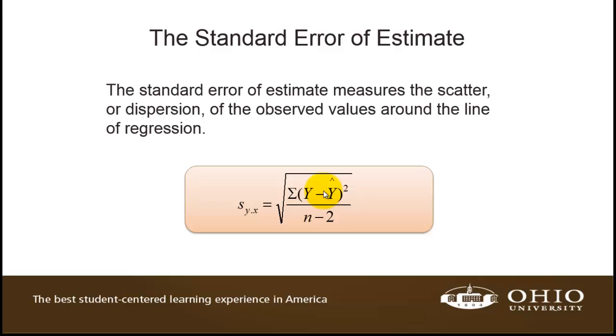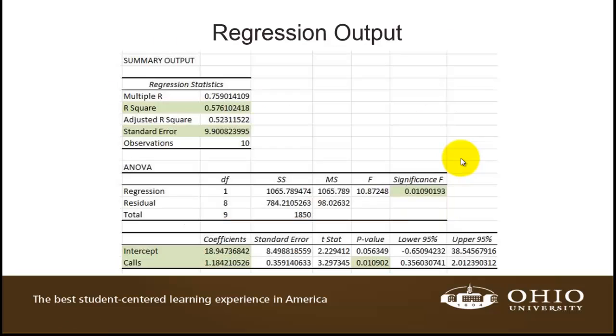In fact, if that's 0, that means the regression line perfectly fits the given data. The smaller the standard error of the estimate is, the better the regression line is at estimating y given values for x.